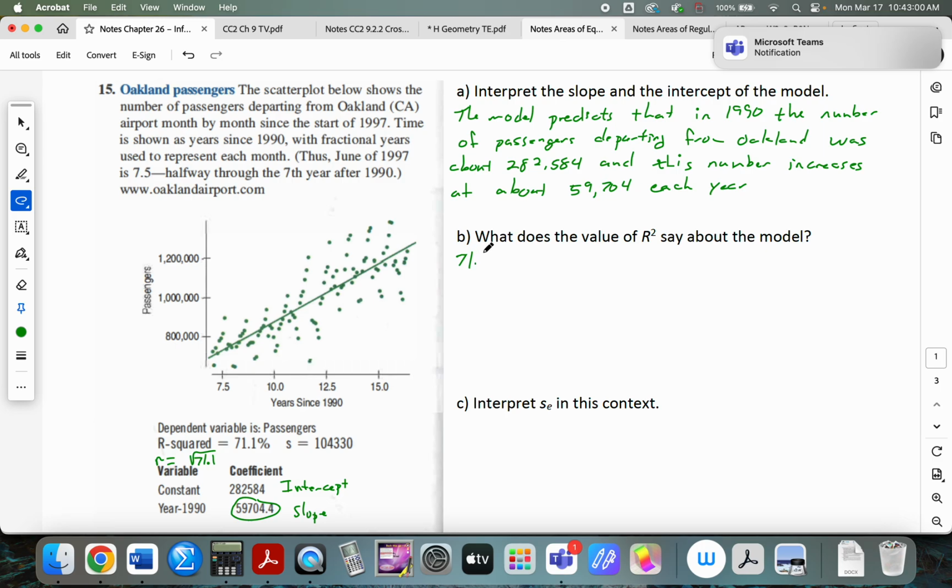So 71.7% of the variation in the number of passengers is accounted for by the number of years since 1990.